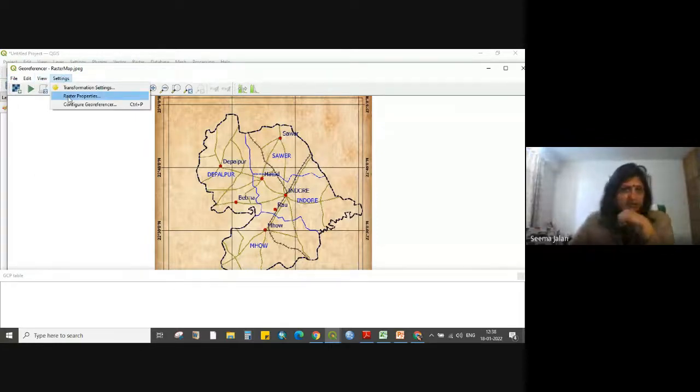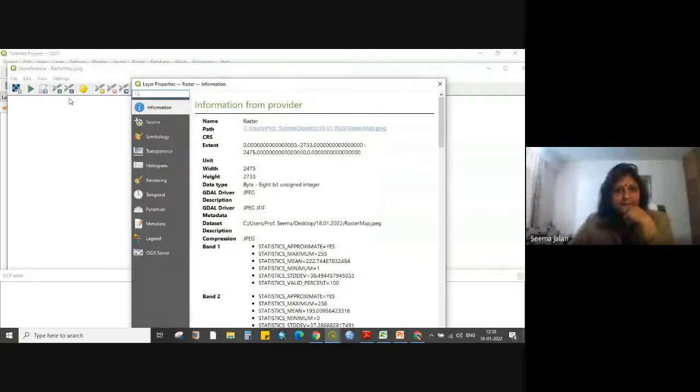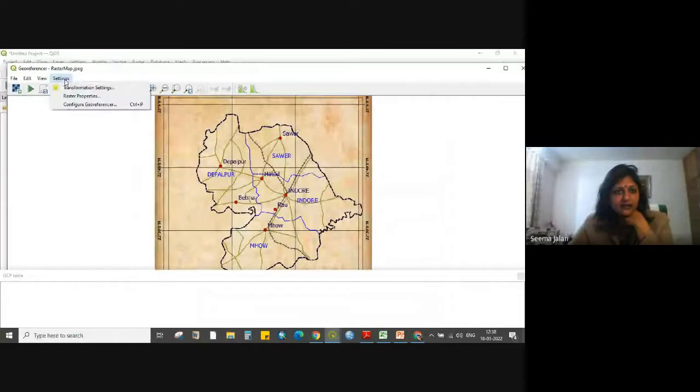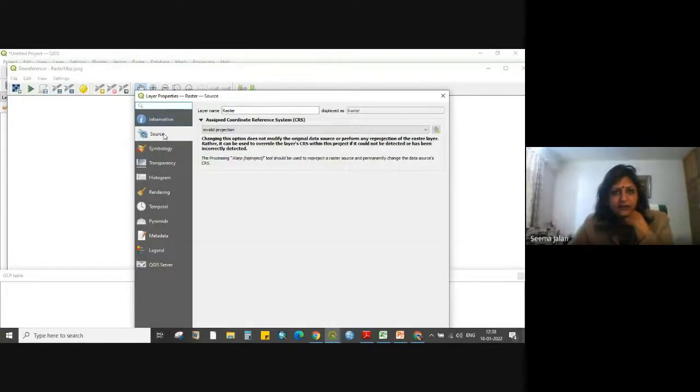Okay, and I go to source. What I did, I went to raster properties. I go to source and I say, what is the input coordinate system? I say it is geographical coordinate system based on the datum WGS 84.